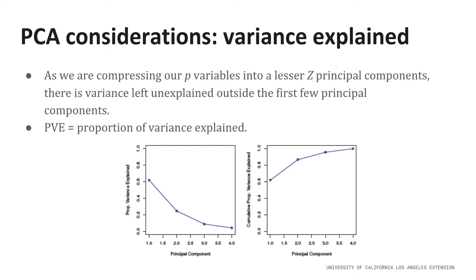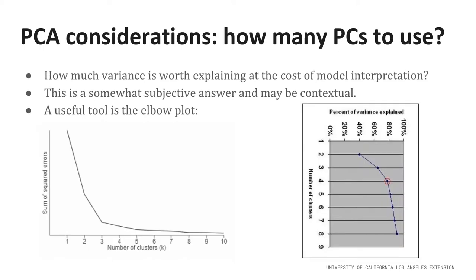But you can see that there's a law of diminishing returns. As you go further down, you get less of the variance explained. But you can get most of it explained in the initial principal components. And so some of that is figuring out how many principal components to use. The next slide talks a little about that.